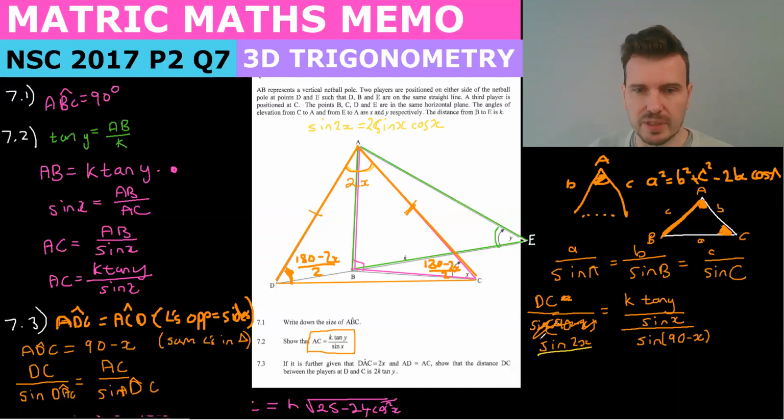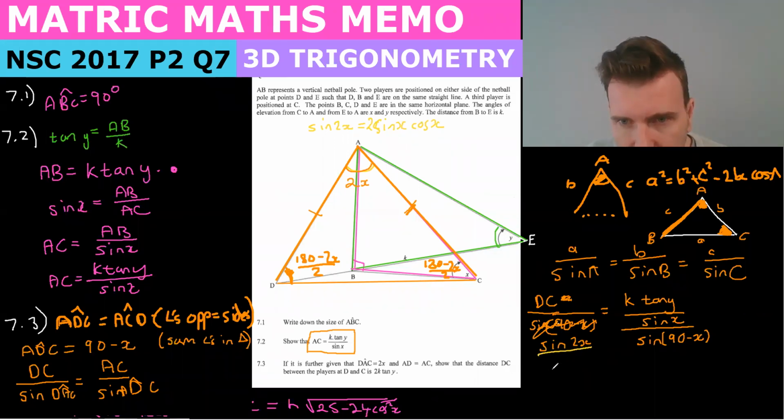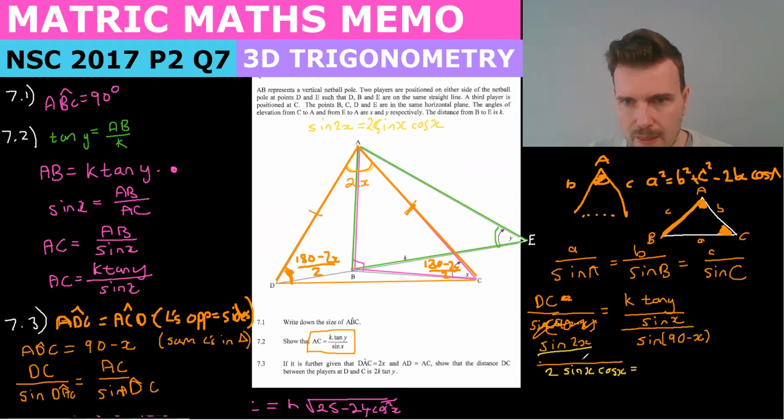Because I'm running out of space, what I'm going to do is just replace it here. So we've got 2 sine x cos x equals, so DC over 2 sine x cos x equals k tan y.